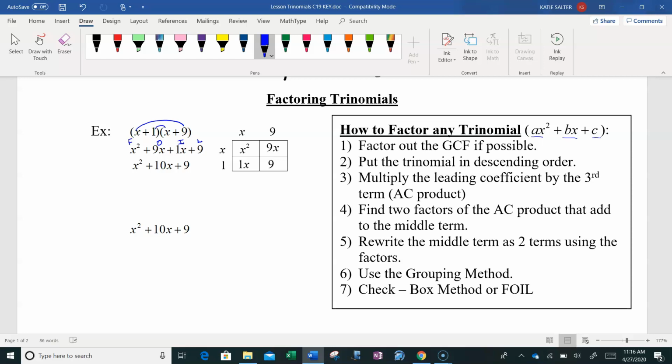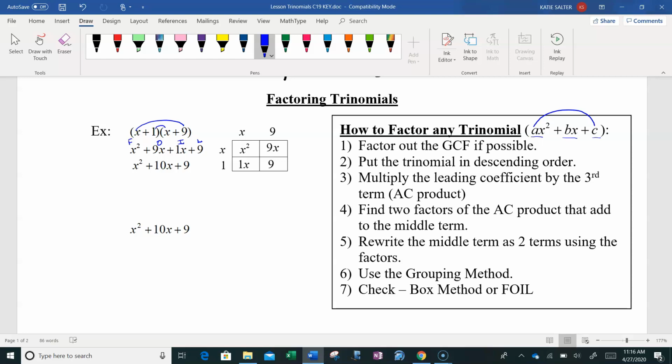The third step is we're going to multiply the leading coefficient by the third term. This is called the AC product because technically you're multiplying this a right here by this constant term c right there. So that's why it's called the AC product. And then we're going to find two factors of the AC product that add to the middle term.